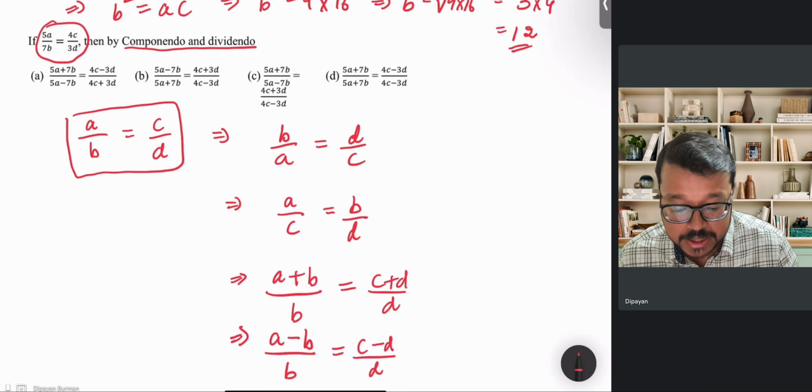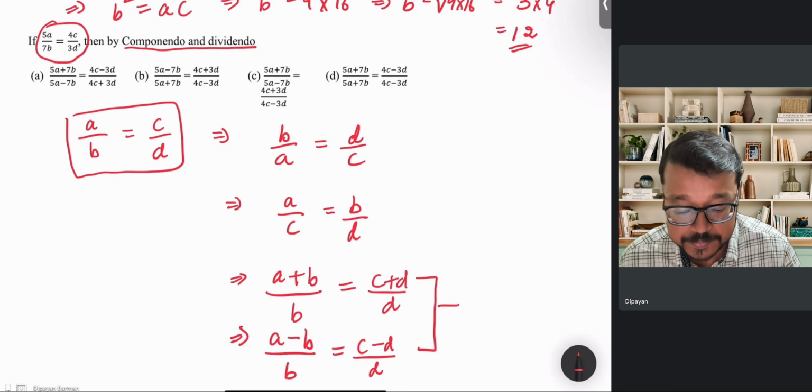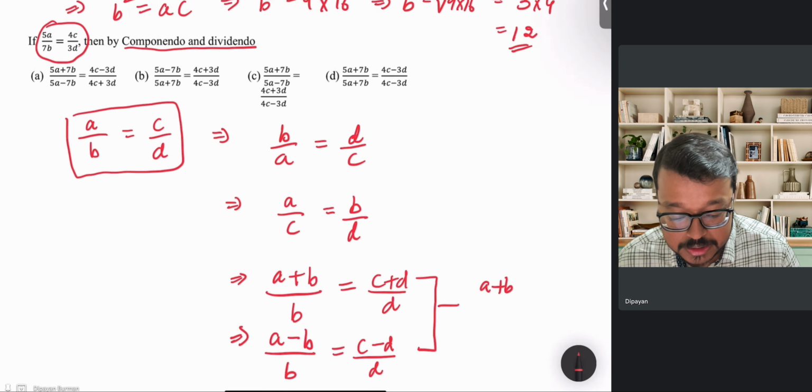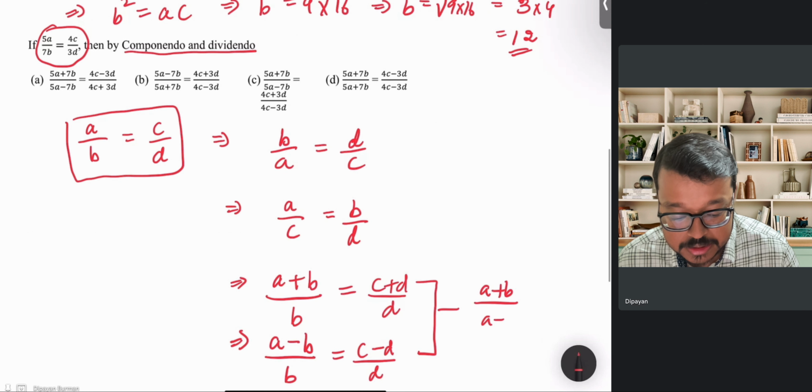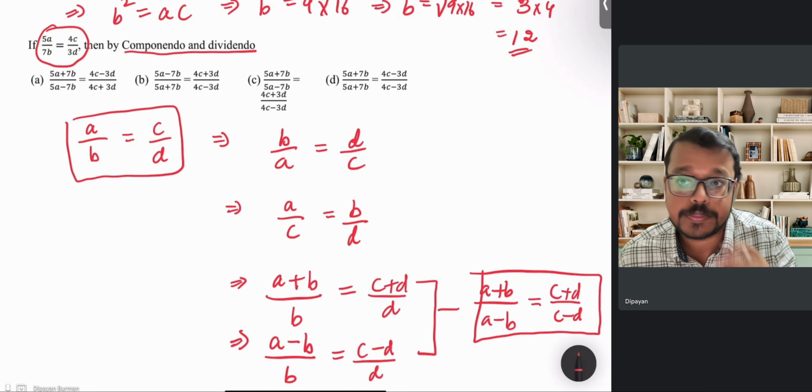Now I can combine componendo and dividendo to say that given a by b equals c by d, a plus b by a minus b is always equal to c plus d by c minus d. This is known as componendo and dividendo.